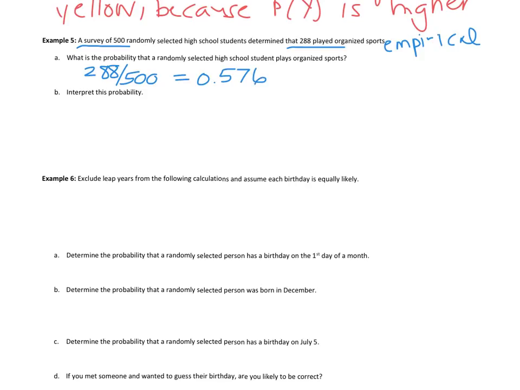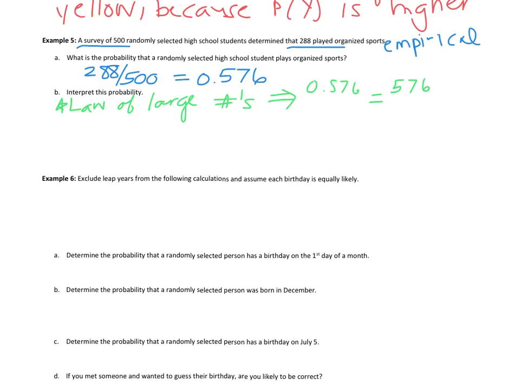All right, and now we're going to interpret the probability. Do you guys remember how to interpret probabilities? Good. Use the law of large numbers. So I like to turn my decimals into fractions.